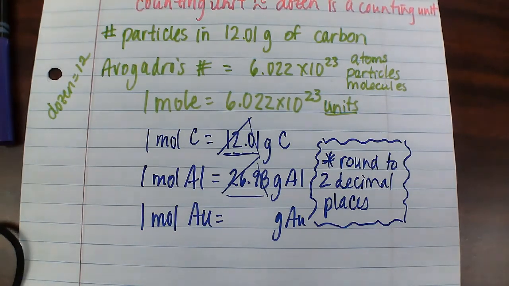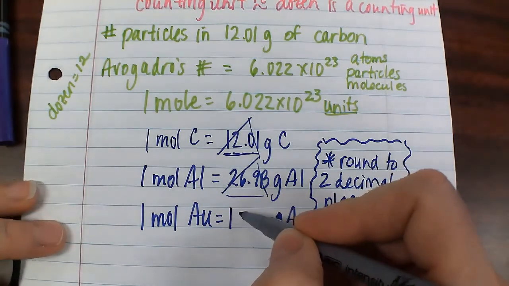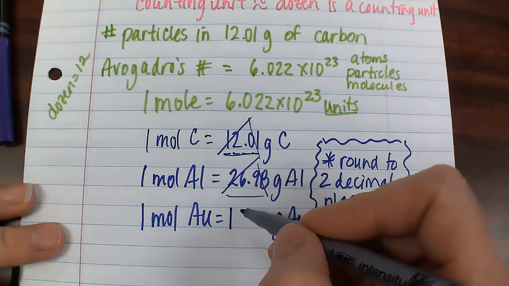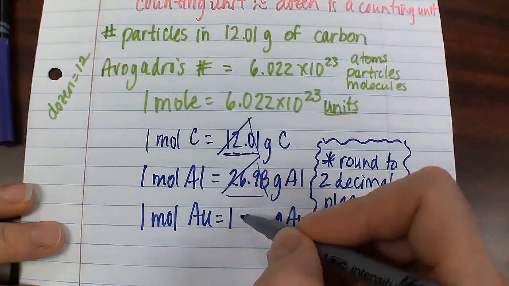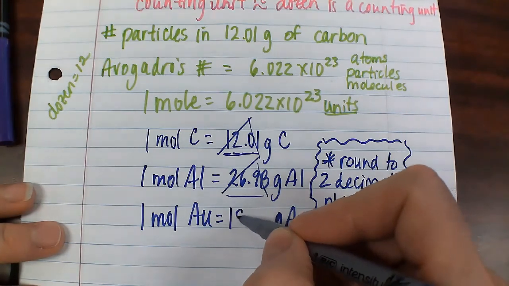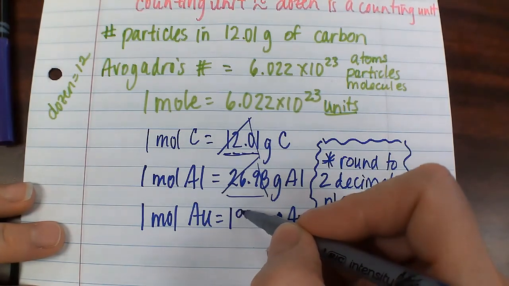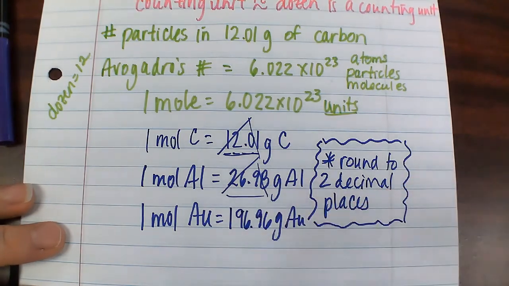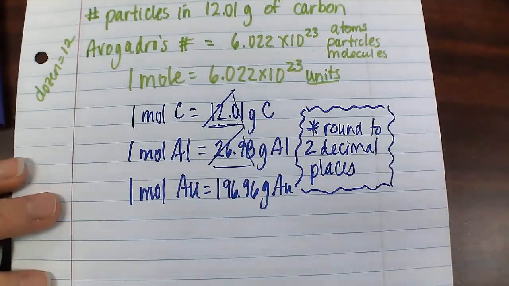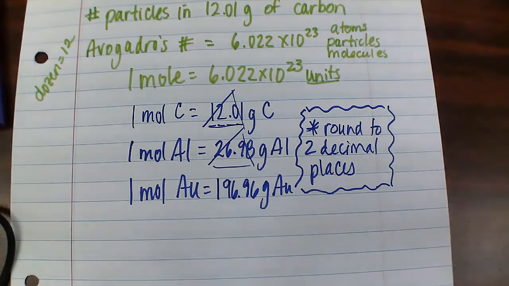How about for gold? Its atomic number is 79. All right, Haley Nelson. 196.96. I agree. 196.96. Okay, let's do one more.